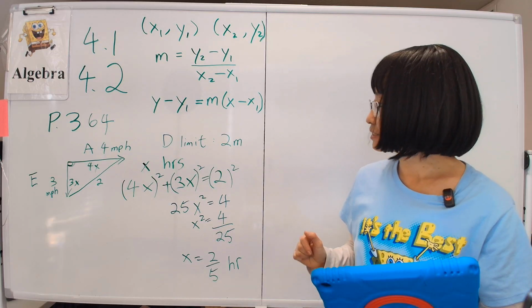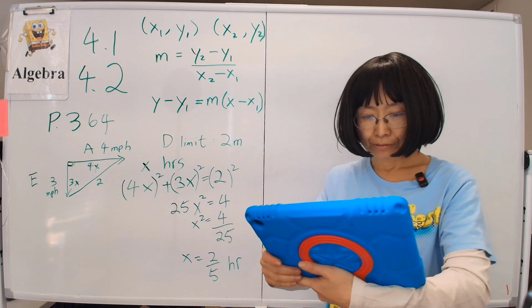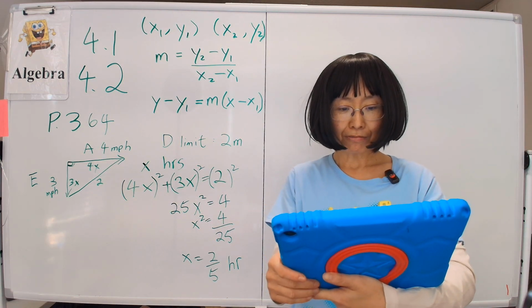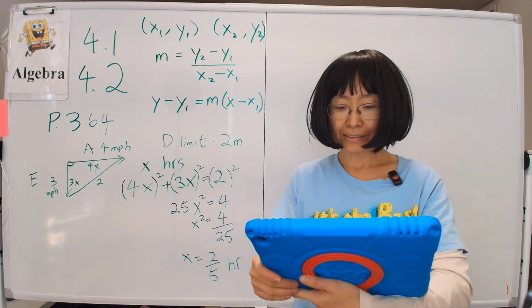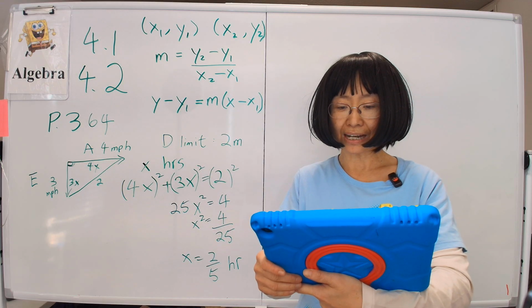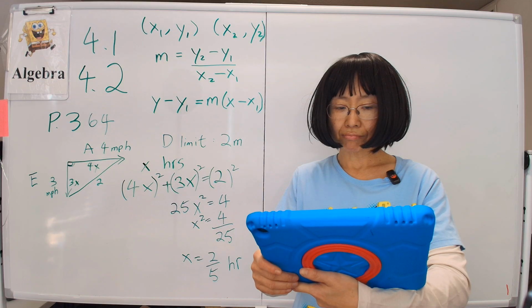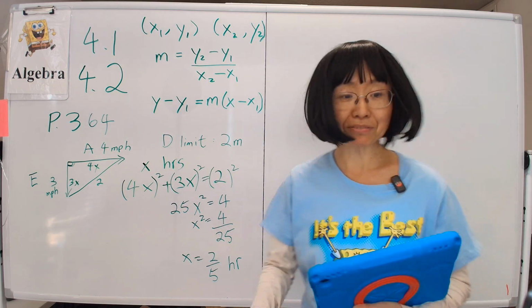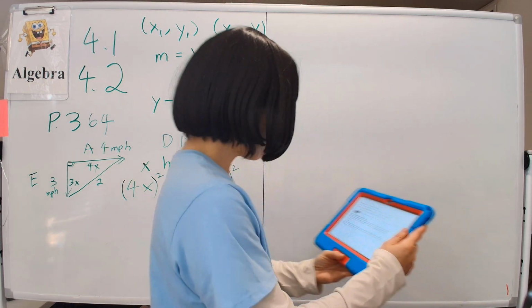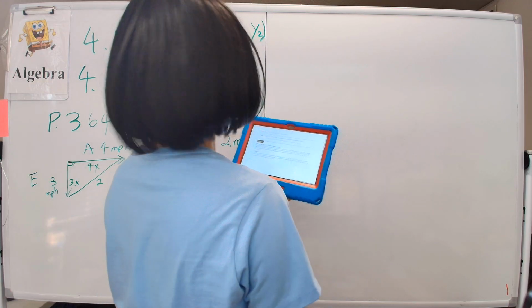And so next, let's look at example 3. We have a road leading from one town to the other town. Let me read this question more carefully. Or we can just draw this thing out.